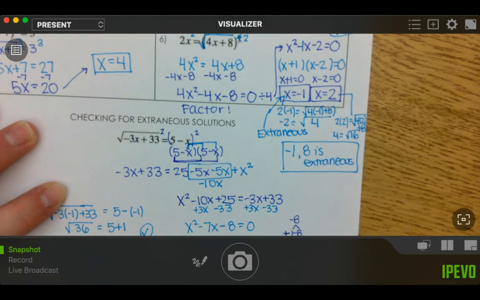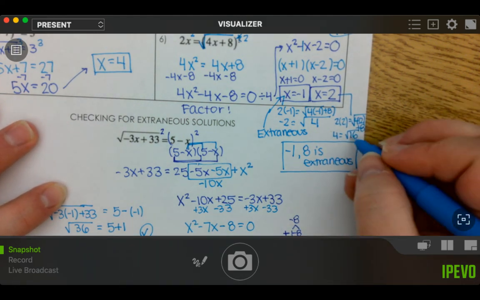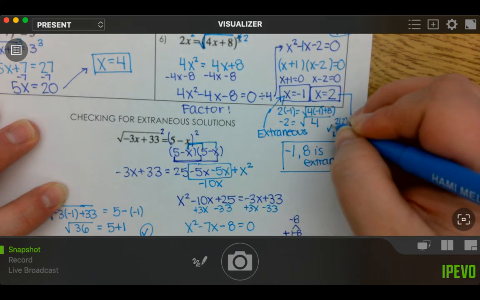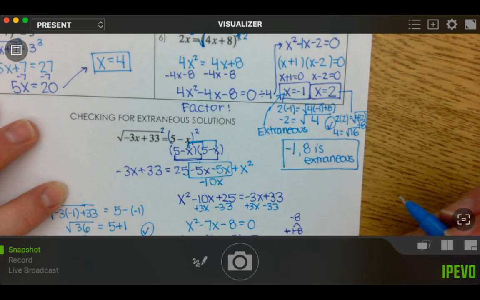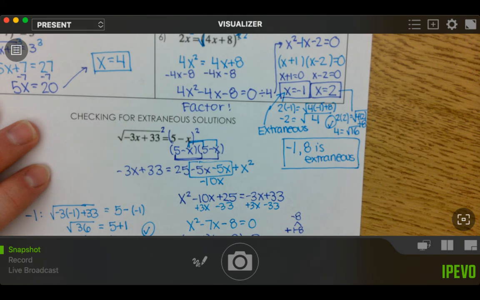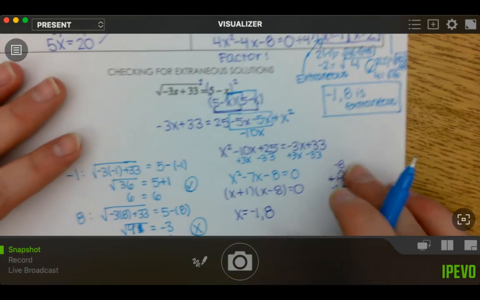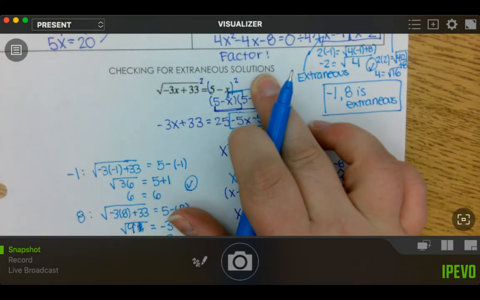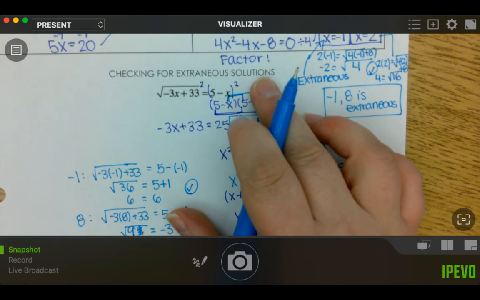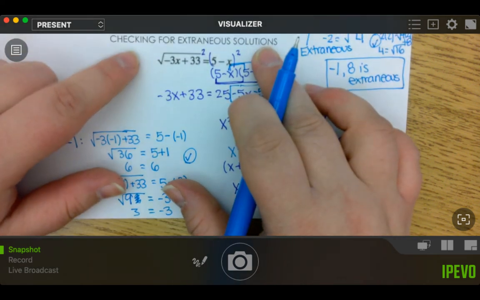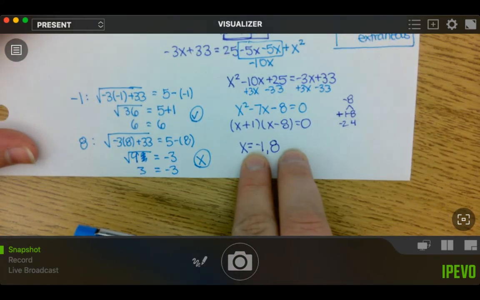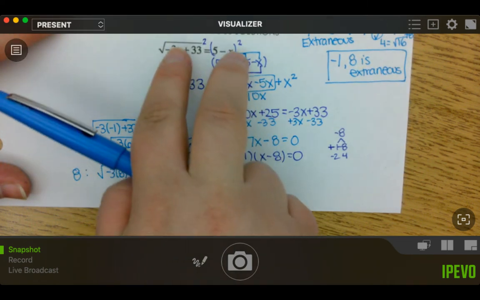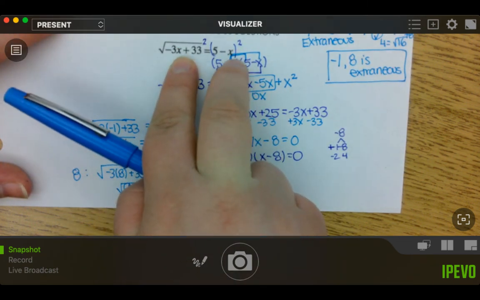Yeah, the square root of 16 equals 4, sorry. So that one's fine. When it says checking for extraneous solutions, don't check these on every single problem, just do it on the problems that I say this on. Take your two answers and plug them back in to make sure that this equals this, okay?